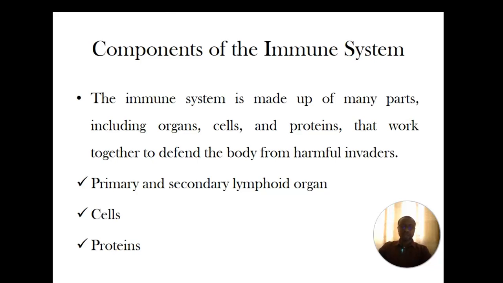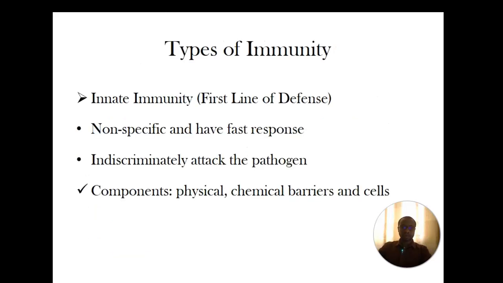Others are cells, like WBCs and phagocytic cells such as neutrophils, monocytes, eosinophils, etc. And there are also proteins: antibodies, cytokines, and complement proteins are also good components of our immune system.